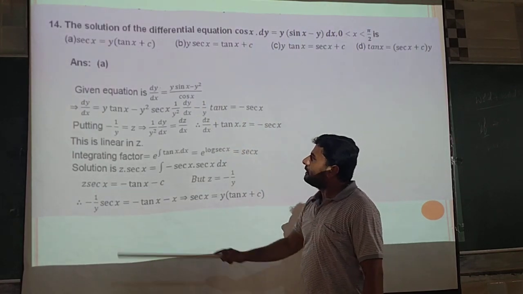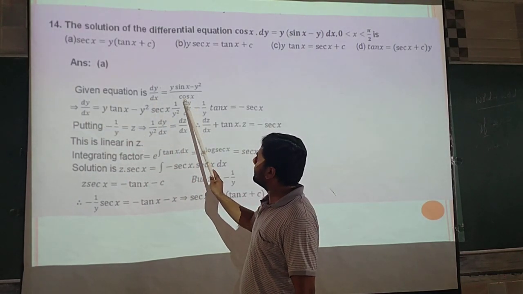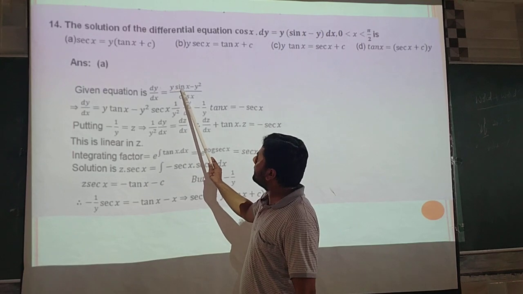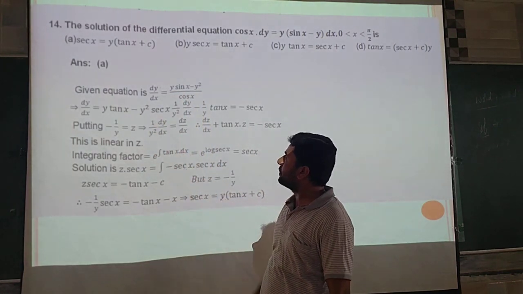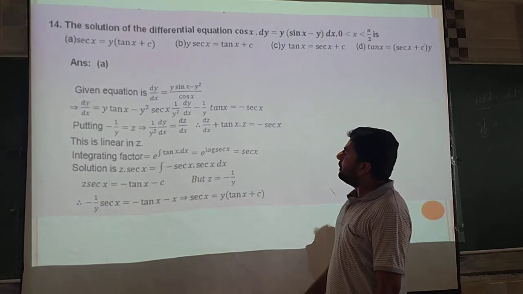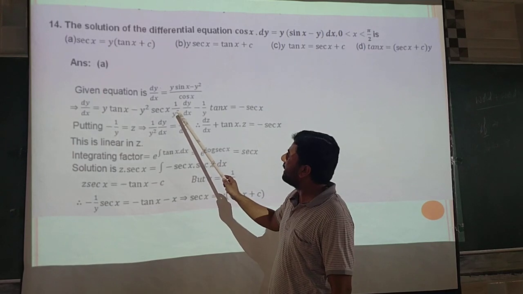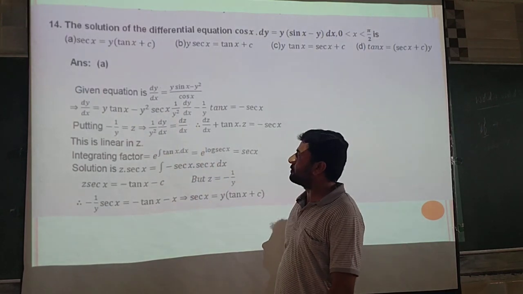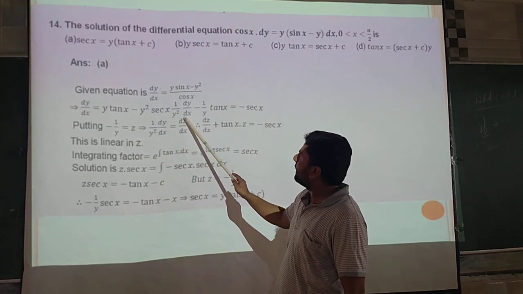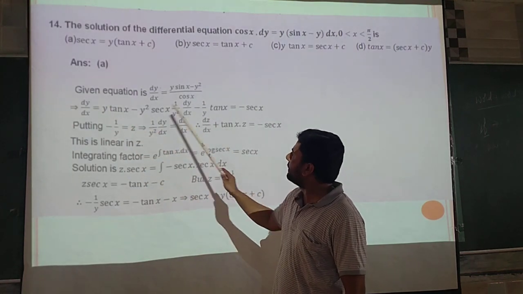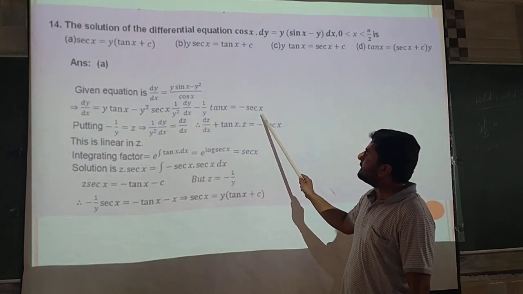Then dy by dx is equal to y into tan x, because sin by cos is tan x, minus y square times 1 by cos, which is secant x. Multiplying by 1 by y square on both sides, 1 by y square dy by dx is equal to 1 over y into tan x, where y square gets cancelled, remaining only minus secant x.